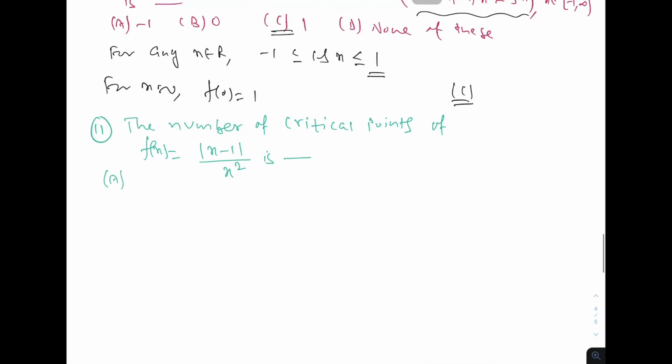So how many critical points are there? That is the question. 1, 2, 3 or 4.